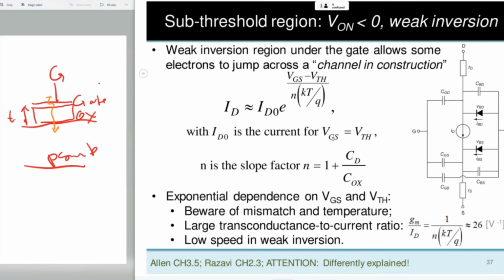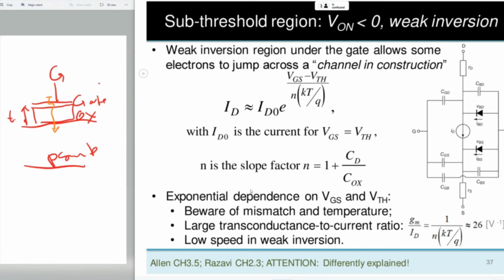Also the temperature dependence of this mode of operation is very high, because you see that the temperature is also in the exponential function. Actually, everything that is in the exponential function makes the current very sensitive. So these are the challenges and the problems that we have to solve for power efficient electronics.